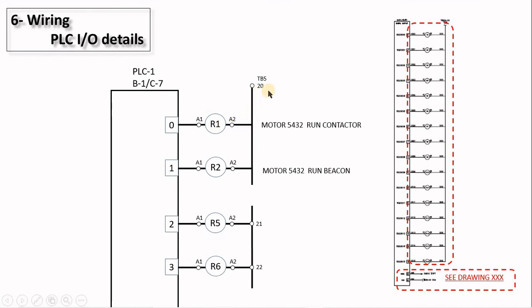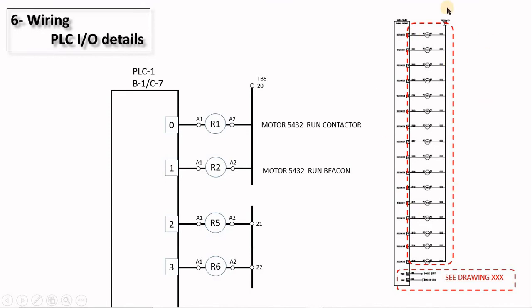And then if you notice here, the common for A2 of all the relays is jumpered to each. So you jump from TB, whatever TB, number 20, to the first relay, and then from the first relay to the second, and so on. In the second drawing, you can see that A2 goes to terminal 21, A2 goes to terminal 22.